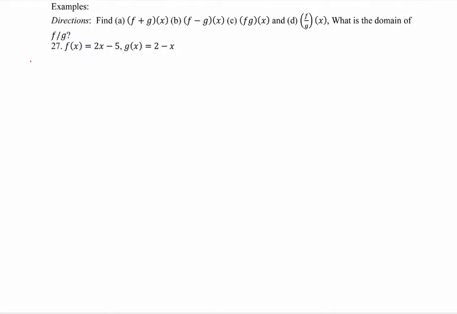So, part A says, what is f plus g of x? Well, f plus g of x is f of x plus g of x. And this is just a substitution game. So f of x is 2x minus 5 plus g of x is 2 minus x.